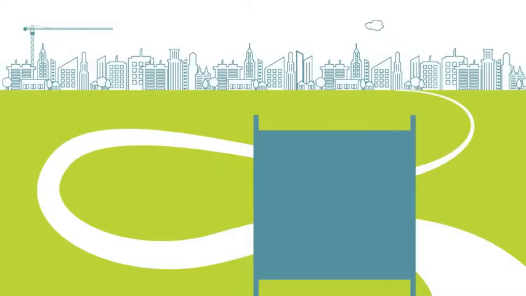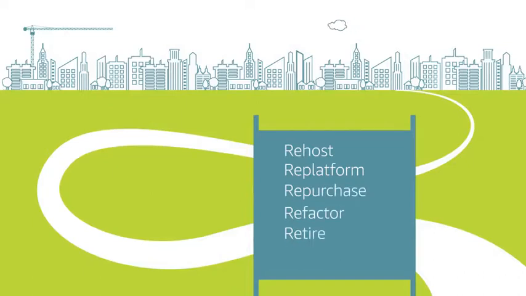Here, the focus starts to shift from the portfolio level to the individual application level, where you're designing, migrating, and validating each application. Each application is designed, migrated, and validated according to one of the 6 common application strategies, or the 6 R's, which we will discuss later this week.